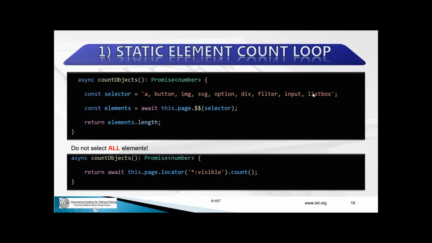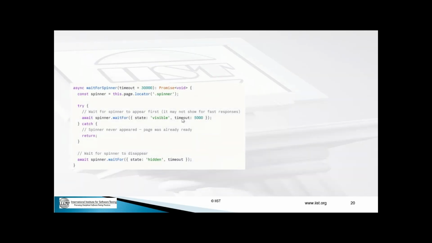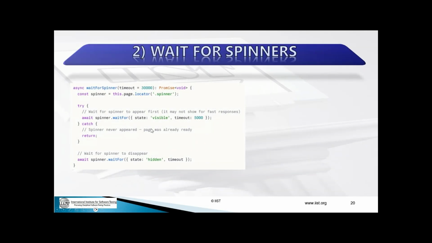These are the things that are most likely going to be appearing, changing, modifying as the page gets built, and then just return the length of how many elements you got when you were counting it up. And that's all going to go inside of the loop that is going to wait for those to become static.